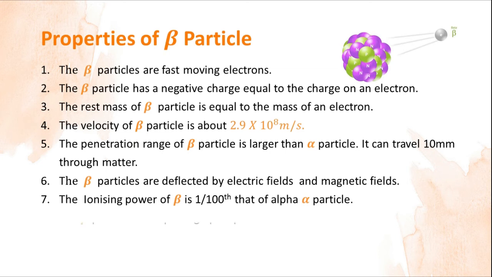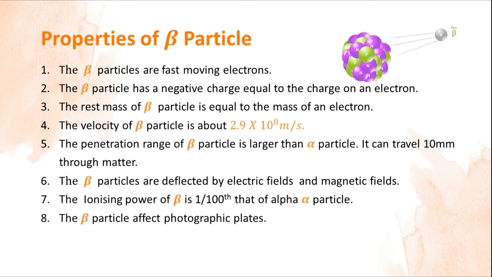Then the next property is that the beta particles affect photographic plates. Alpha particles also affect the photographic plate, and beta particles also affect the photographic plate.